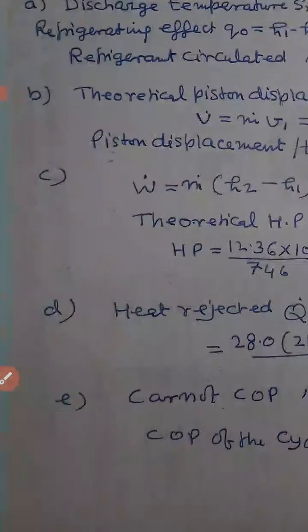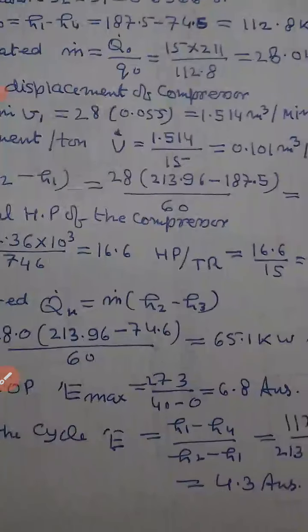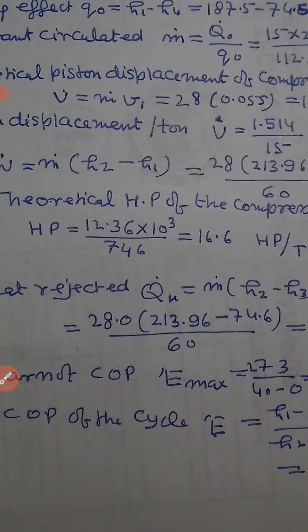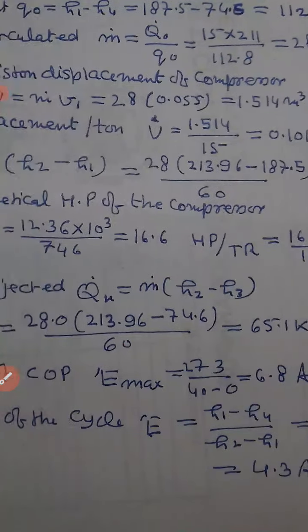Okay. Then D part, heat rejected, that is m dash H2 minus H3. Putting all those values, m dash we know, 213.96 minus 74.6 divided by 60, and we get the value of 65.1 kilowatt. Okay.